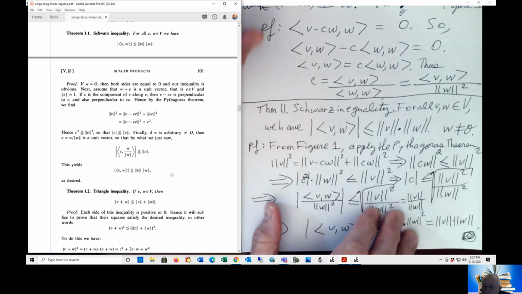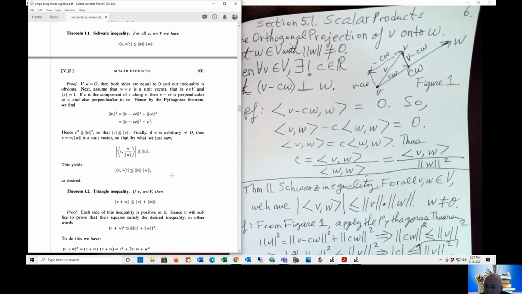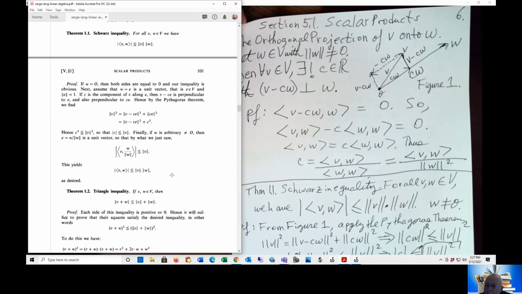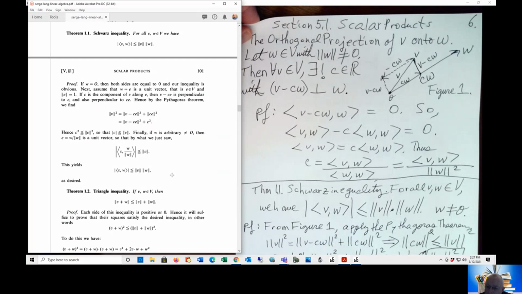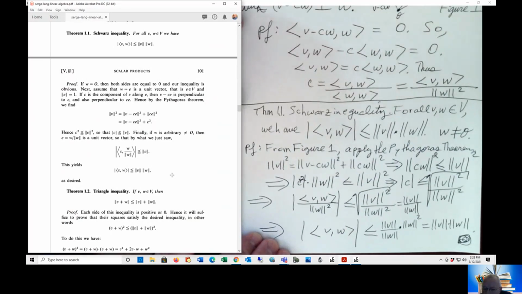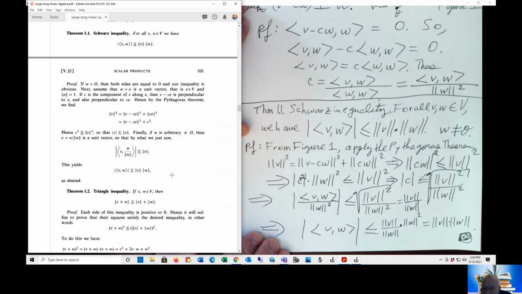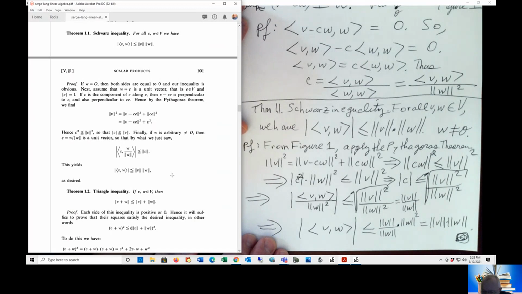Now, referring back to our figure, which I labeled up here as figure 1, we note that we have a right triangle, and the two legs of the right triangle are CW and V minus CW, and the hypotenuse is the vector V. So we can apply the good old Pythagorean theorem to it, right? C squared equals A squared plus B squared, to prove the Schwarz inequality.